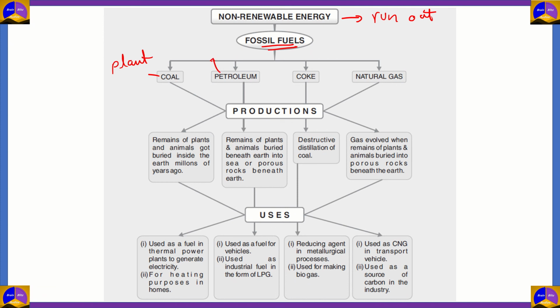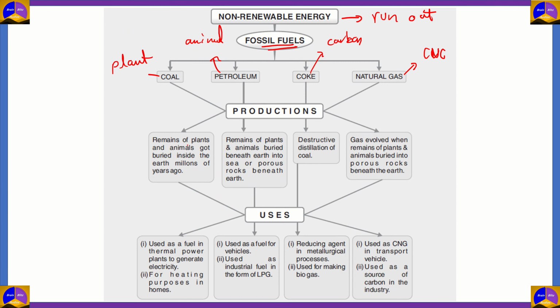Petroleum comes from animal fossils, and coke is basically carbon, and natural gas is what we find along with petroleum, which also powers our daily routine. For example, CNG and LPG are sources of energy that we derive from natural gas.